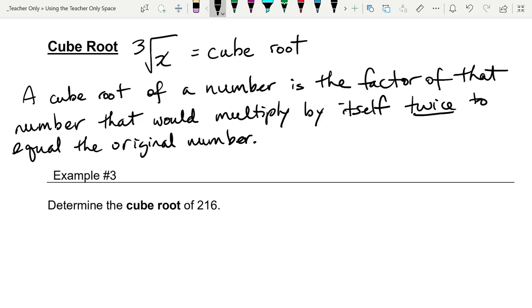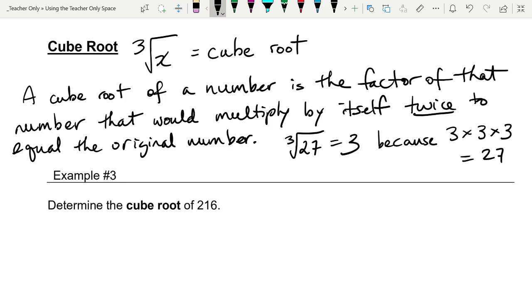So in other words, the cube root of 27 is 3 because 3 times 3 times 3 is equal to 27.